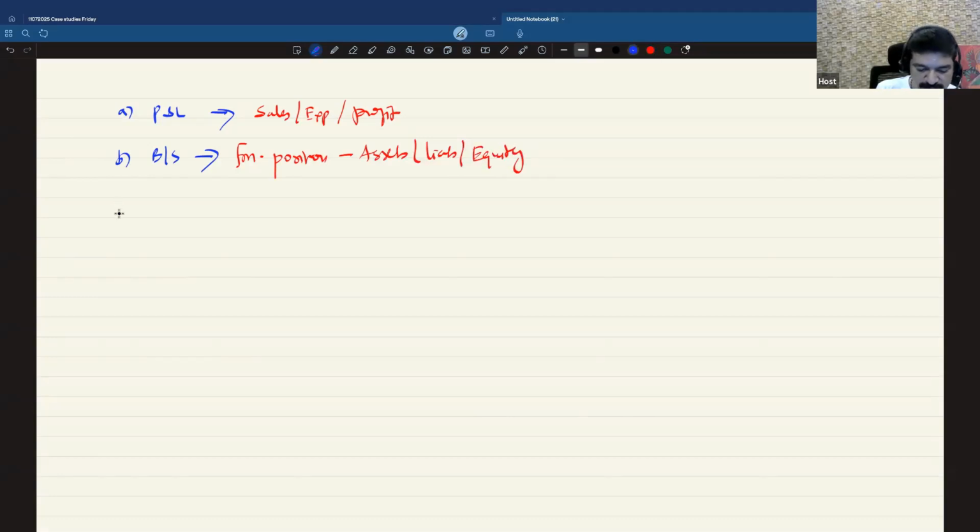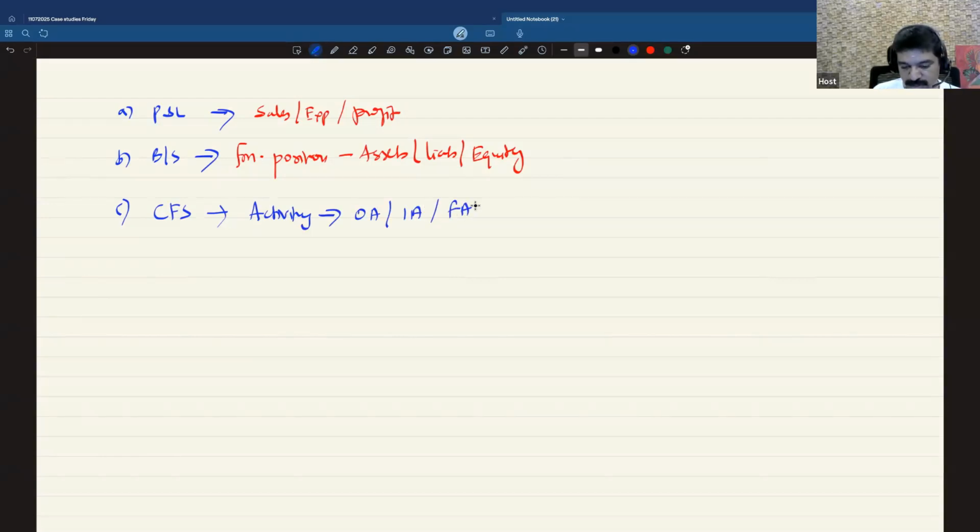Then a question may arise: still, there is a cash flow statement. A cash flow statement is there, but it communicates the cash flow movement based on activities, which are classified as operating activity, investment activity and financing activity.